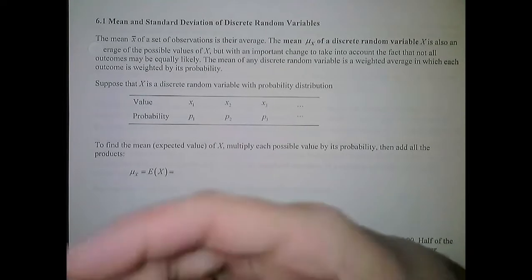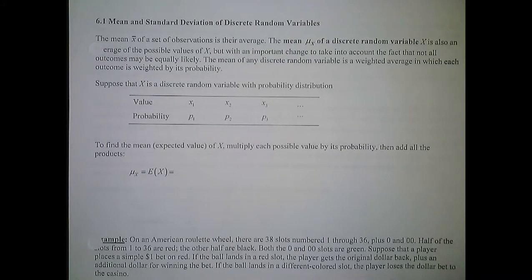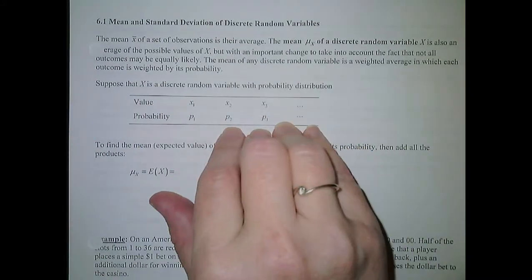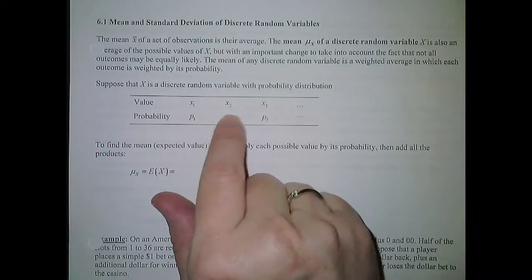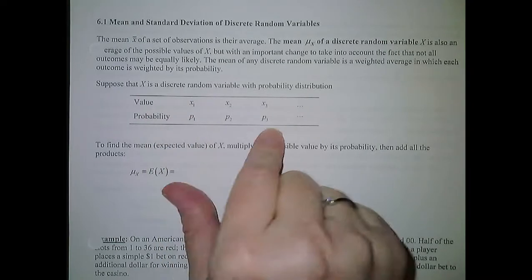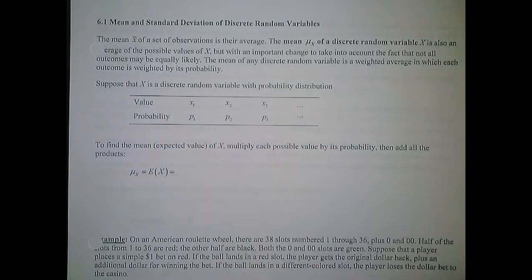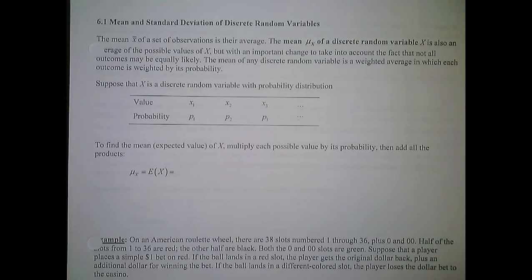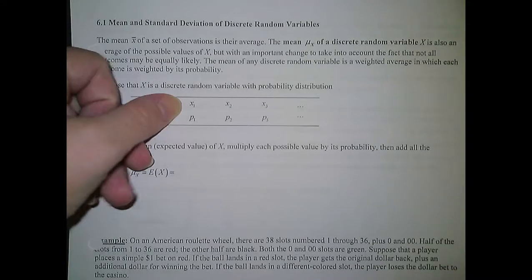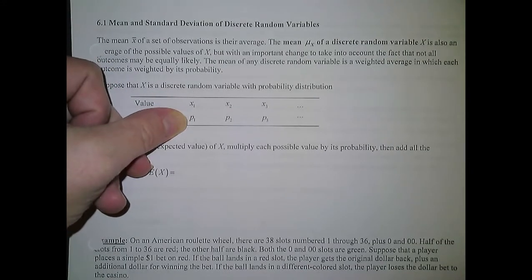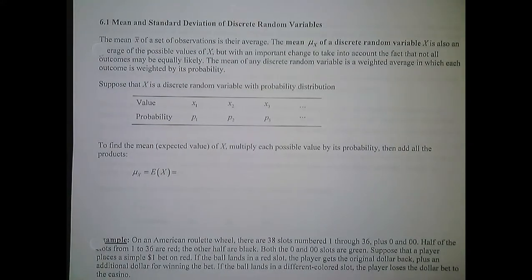So suppose that we have a discrete random variable x with the probability distribution, where we have each of our outcomes and the probability of each of those outcomes. To find the mean or the expected value of that random variable x, we have to multiply each possible value by its probability, and then we add up all of the products.